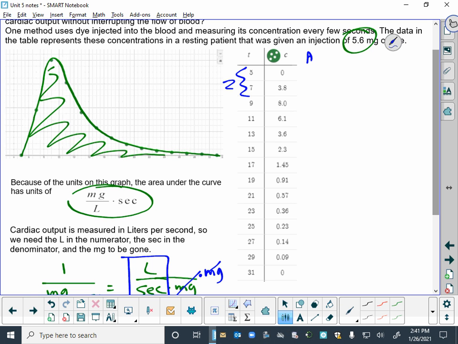This, as we did it before, this would give me a 0. This one, 3.8 times 2 is 7.6.